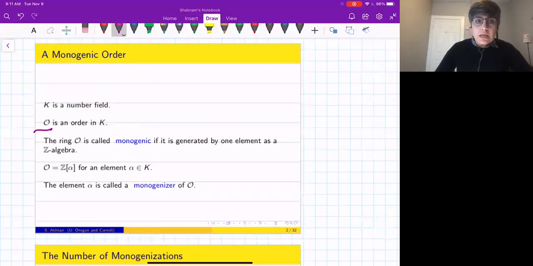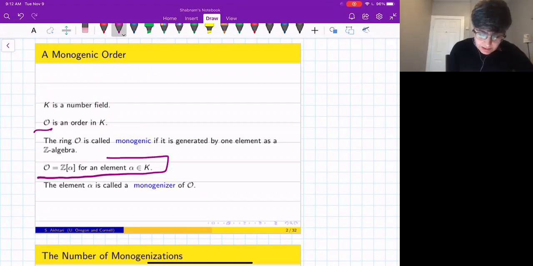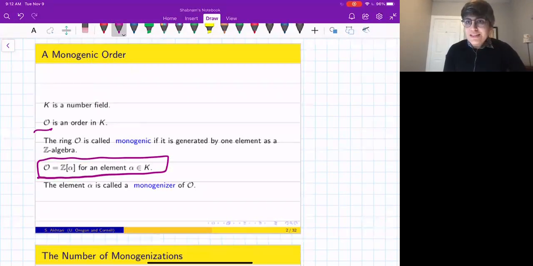element. Many times it turns out that rings are not monogenic in number fields, and generally cubic rings cannot be generated by one element. So a ring is called monogenic if it's generated by one element, and in the talk sometimes I call this kind of element a monogenizer. It's not a word that is used very often; it's a newer word that people use to describe this.